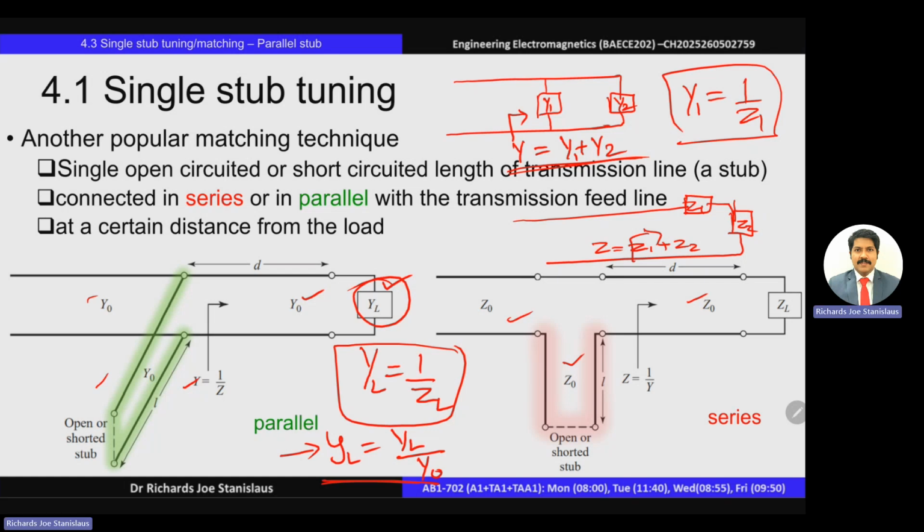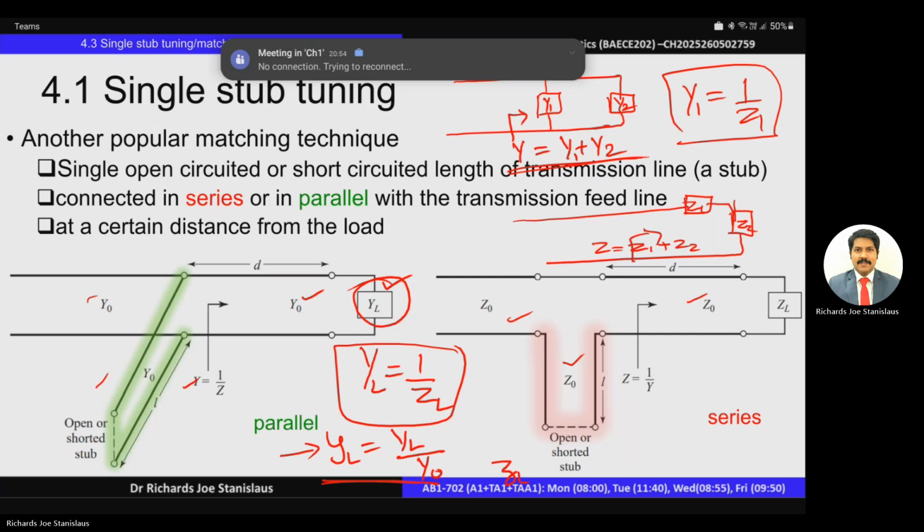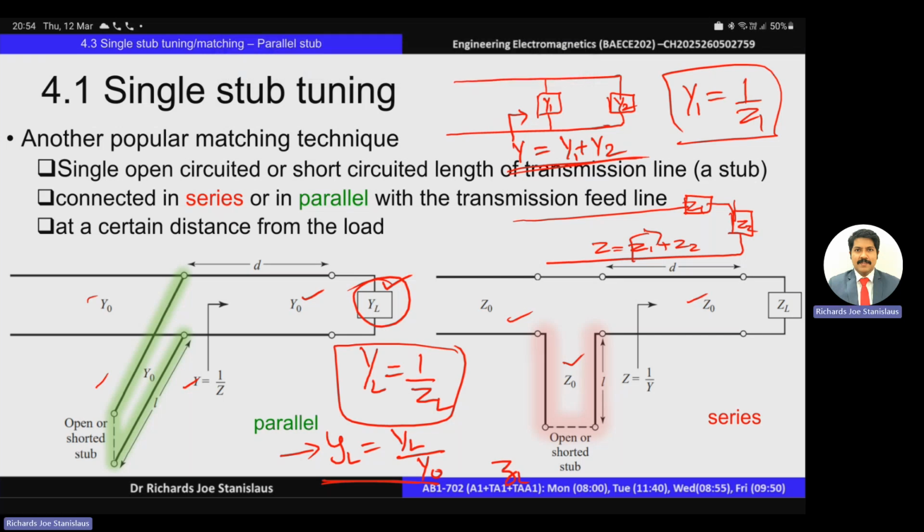Either you can solve it and then plot, or the other aspect is you plot the normalized load impedance ZL, and at the diagonally opposite point on the VSWR circle, the value would read the admittance value, right? I'll explain that when we go to that aspect.